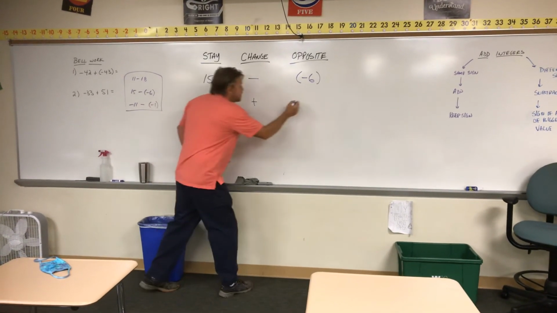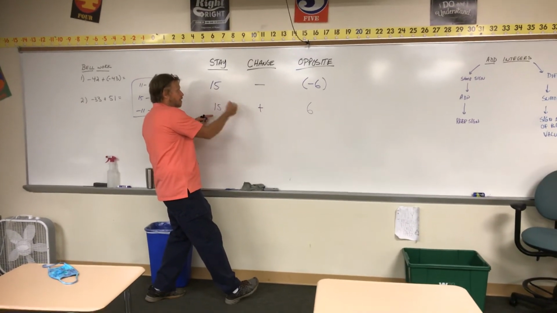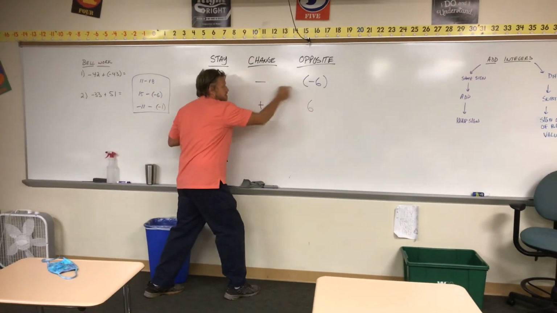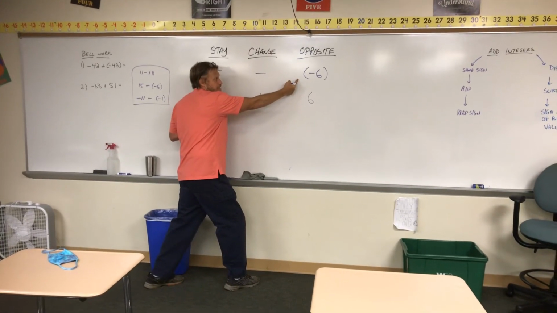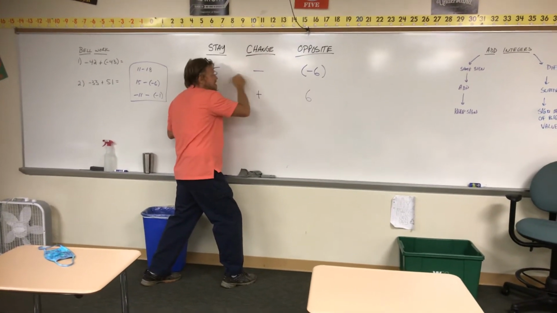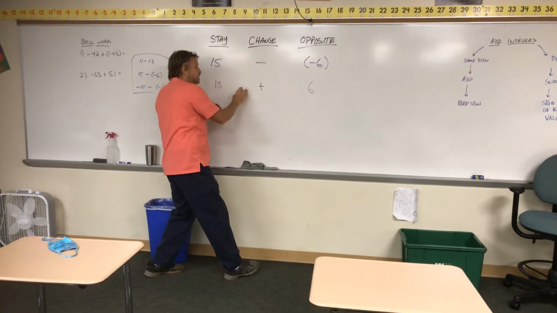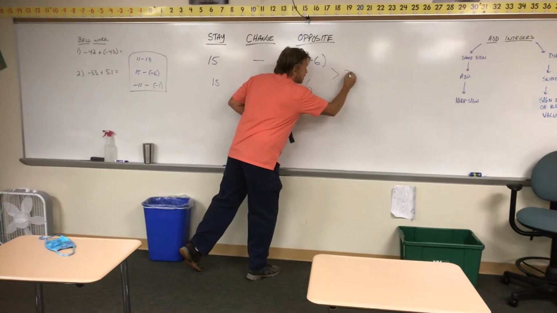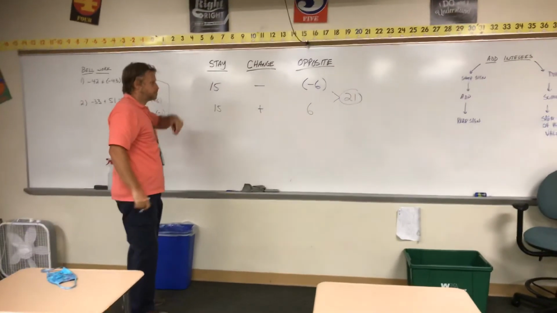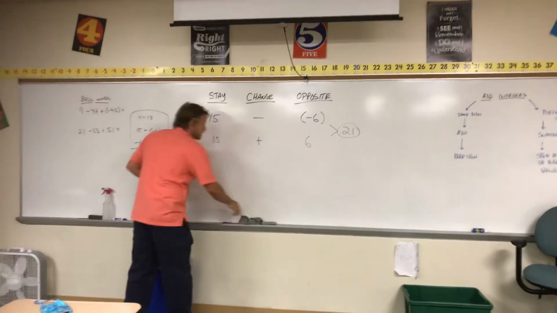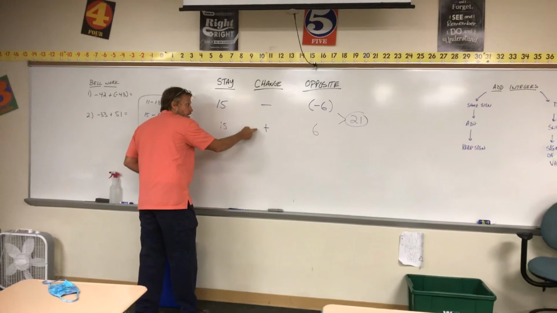A lot of students are going to say 15 minus -6 is equal to 9. No, 15 minus 6 is 9. 15 minus -6 is different. That becomes 15 plus 6. That answer is 21. You could do that 6 years ago. You couldn't do this 6 years ago, but it's the same problem.